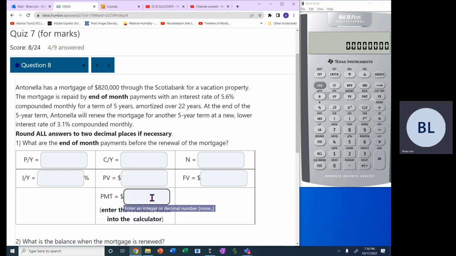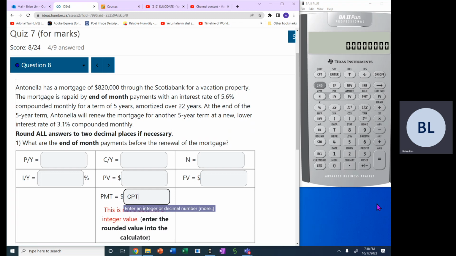So we are going to compute the end of month payments, the PMT. Okay, so that is what we will compute. Let's get to the details of the part we need to enter into the calculator.